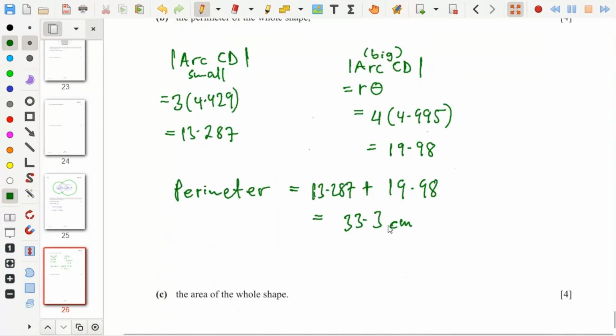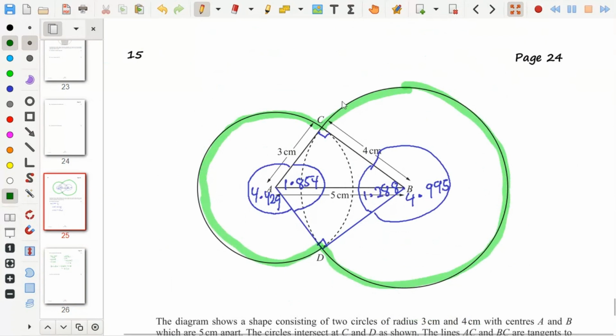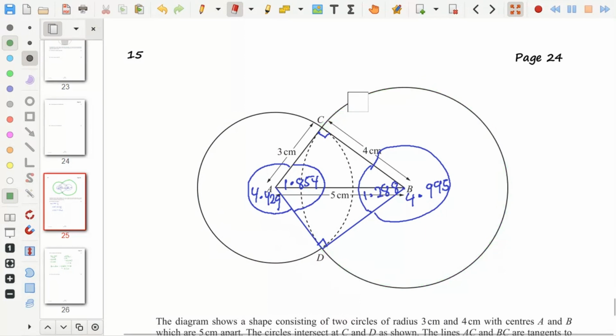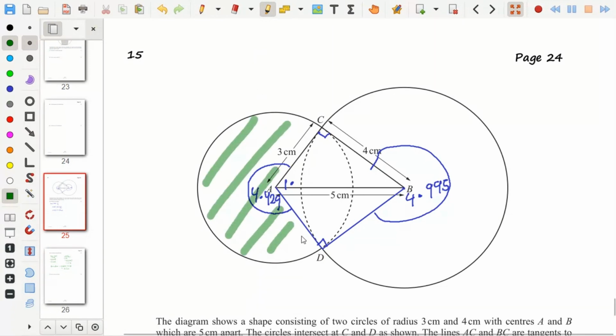Now the area of the whole shape. Okay, the area of the whole shape. Let's see what we will need. I can find the area of the sector here, this one.